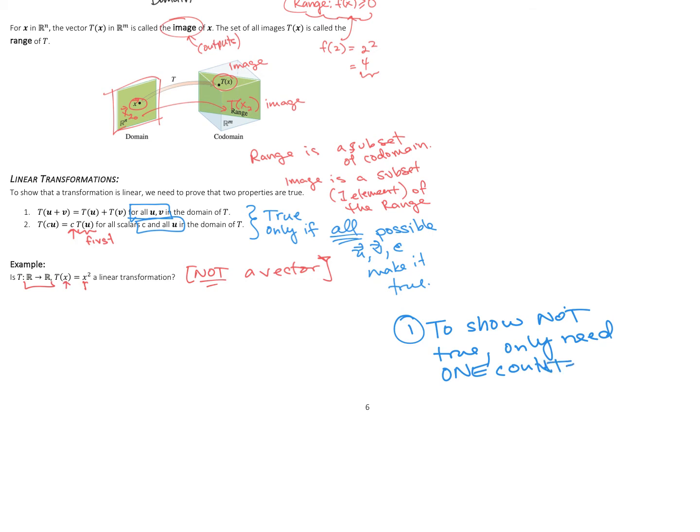What that means is I just need to show that one thing makes it false, and then we can automatically conclude that since I have one condition that makes it false, everything falls apart. That's nice and easy. I can pick one counterexample and show that it's not true. On the other hand, we need to be careful. Like I said, to prove that it's true, to show truth, I need to show it for all, for everything.